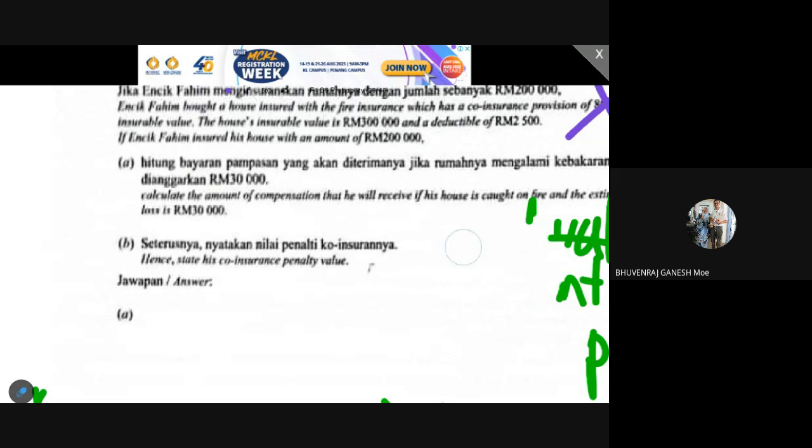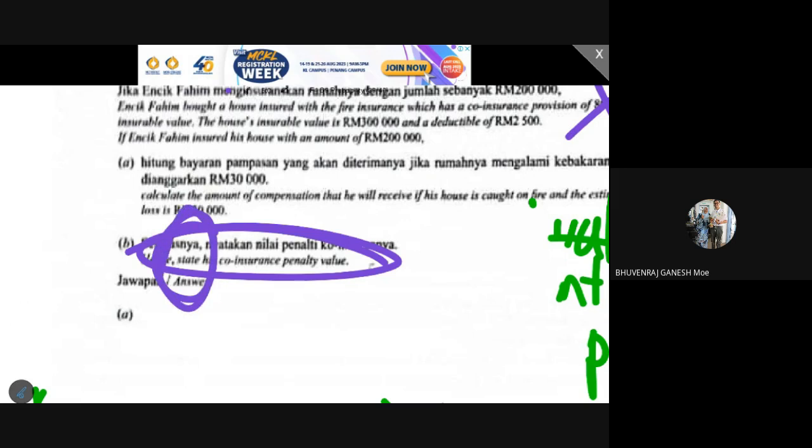Wahai anak-anak sekalian over here, how to calculate co-insurance? Macam mana? Yang ni, co-insurance penalty value. This one is state, guys. You see the word state here. State means no need much working. Tak perlu banyak jalan kira. See the keyword state.